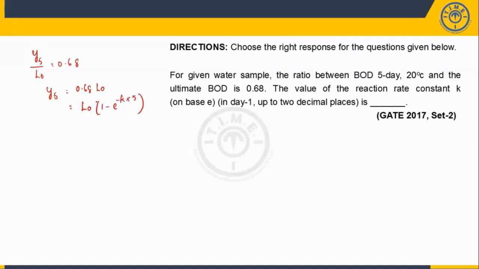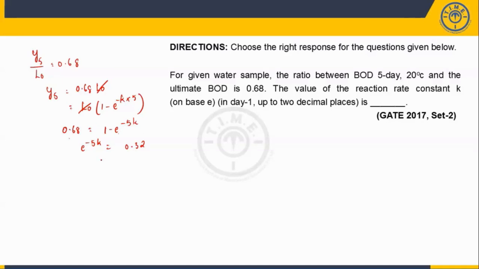Yes or no, my dear? Yes, sir. Can I cancel out L naught and L naught? Yes, sir. So what we will be getting is 0.68 is equal to 1 minus e power minus 5k. When I'm taking it to the left side, e power minus 5k is equal to 1 minus 0.68, that is 0.32.